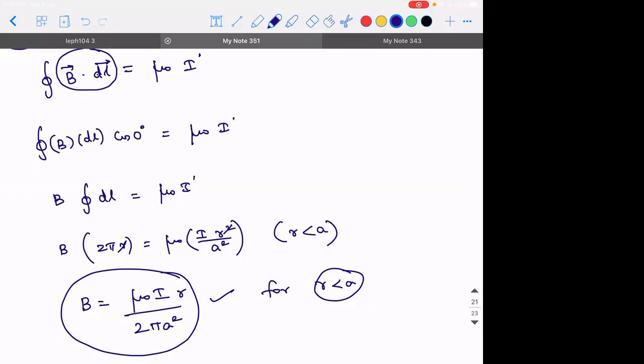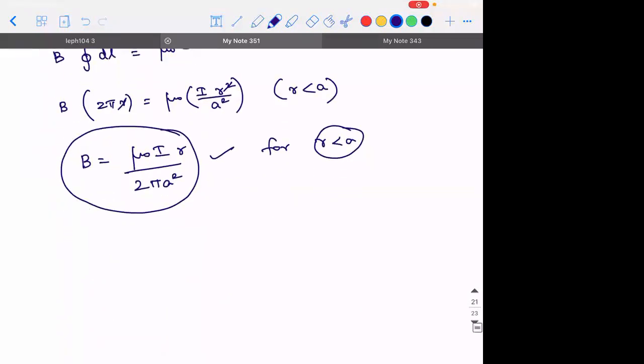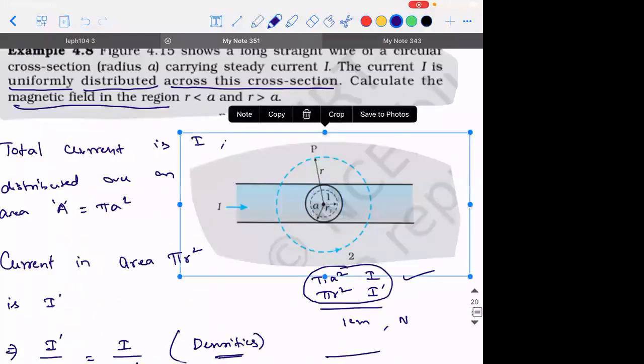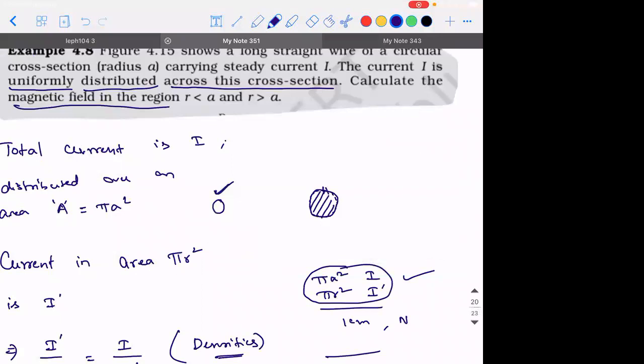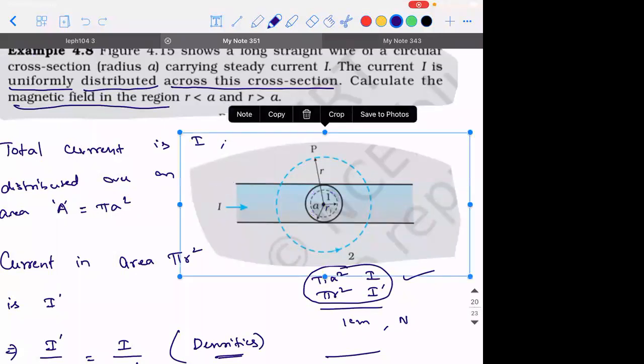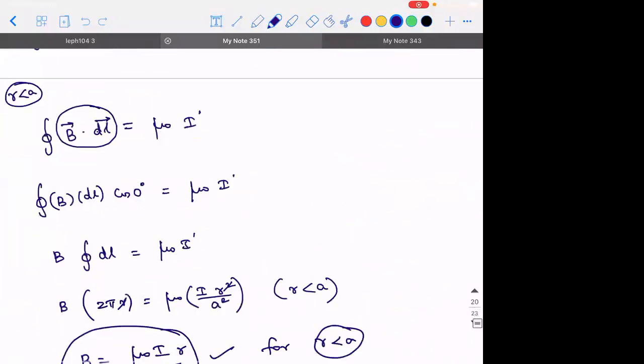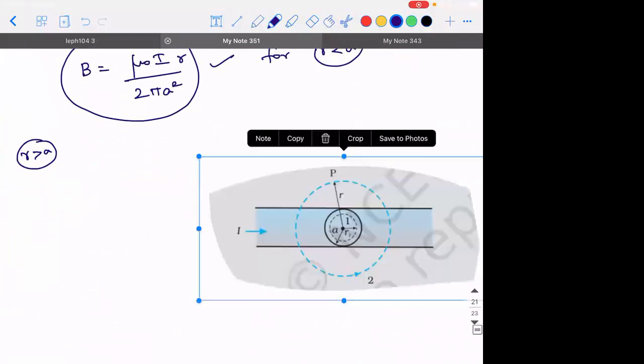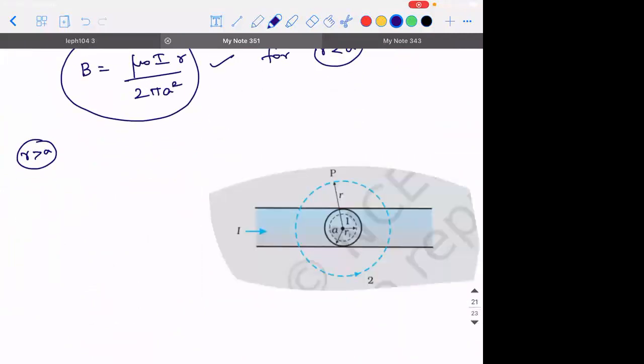Now, for the value of R greater than A, what is going to happen? Let's take this diagram. If you look at the Amperian loop they've considered, it is again a circle.